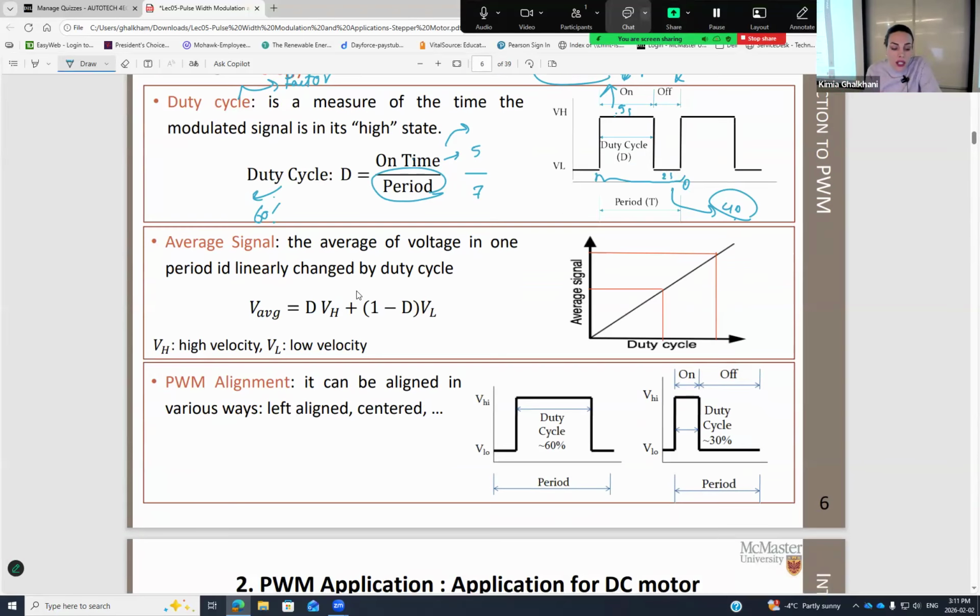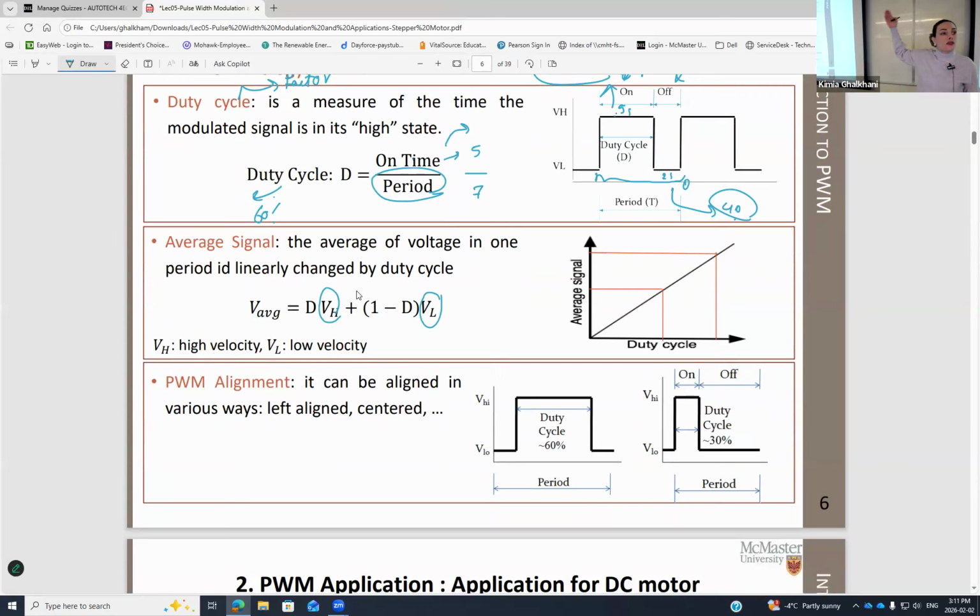Now, let's look at the average signal. Average signal is actually based on high voltage and low voltage. When I say high voltage and low voltage, again, from what we discussed in the previous lecture, high could be something that I can assign for any electronic devices which is not created by us. Suppose we are not the design engineer.